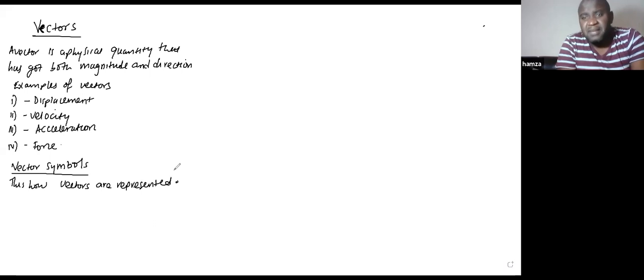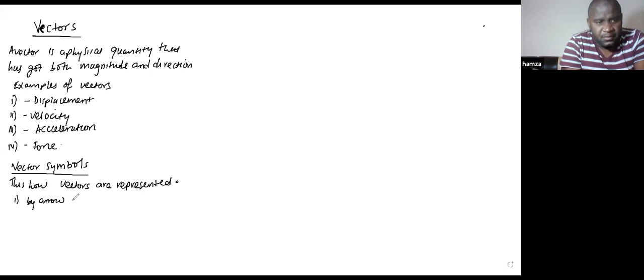Vectors can be represented, one, by an arrow on top of the vector letter, or two, with a tilde below the vector letter.